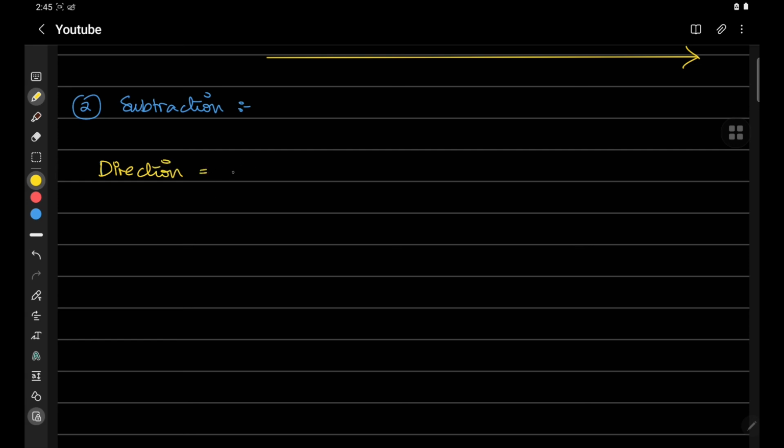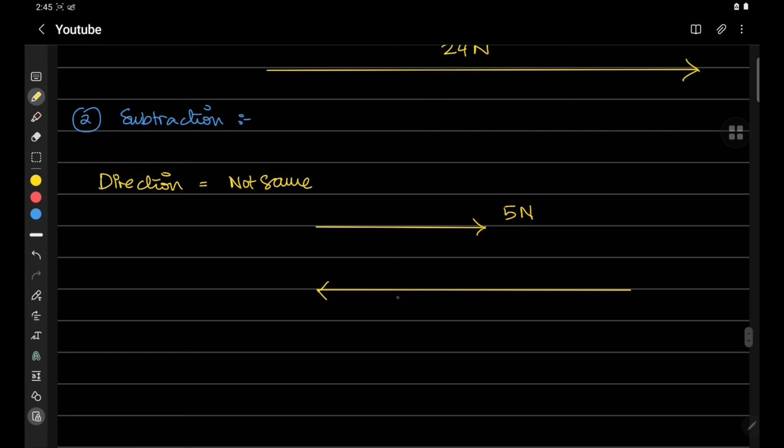If the direction of the two vectors is different, let's suppose we have one vector of 5 newtons, and we have another vector that is acting in the opposite direction, and is, let's say, 12 newtons. So what happens is you're going to have to subtract them.